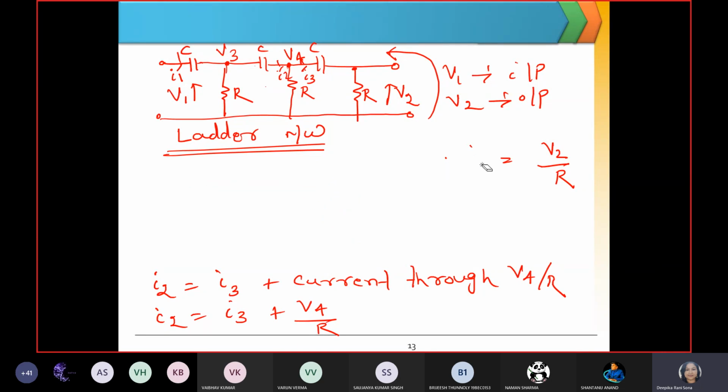So how do we write V4 by R in this equation? I3 is equal to V2 by R. Now V4 by R, we can simplify this, no?